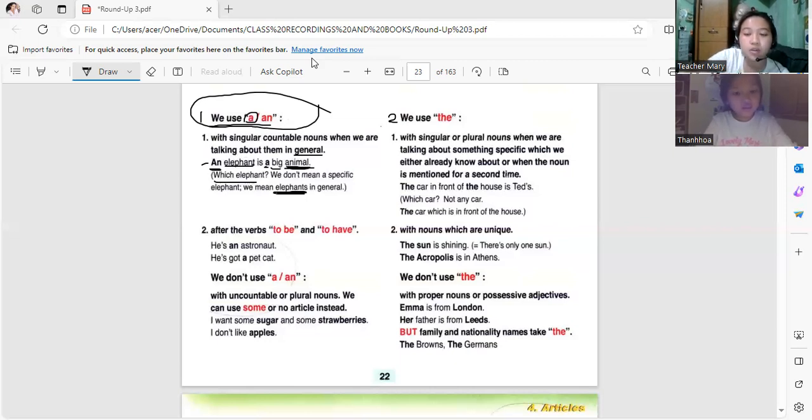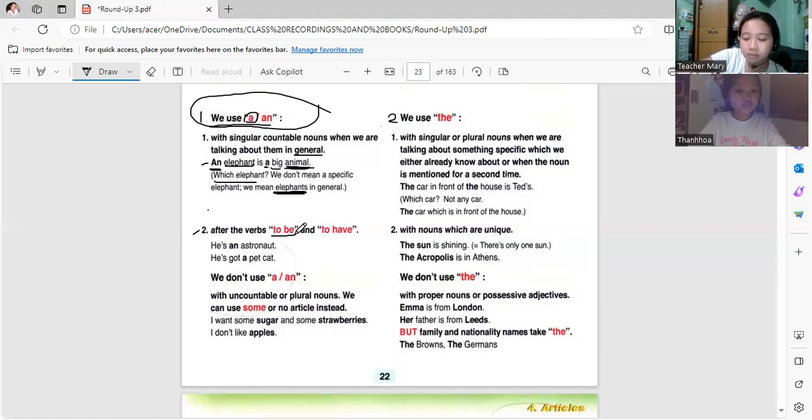Now that you know how to make a sentence using singular countable nouns that talk about things in general, let's proceed to the sub rule, which is after the verbs to be and to have.